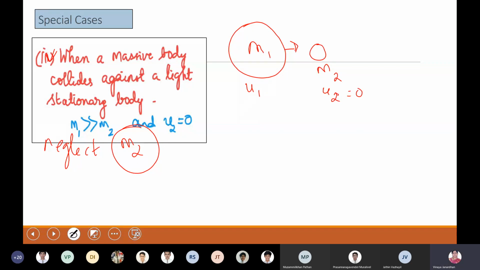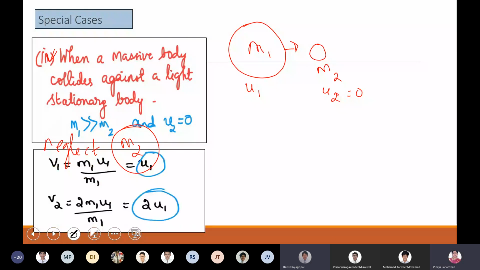Will you be able to find, boss? Yes, ma'am, one second. Ma'am, is B2 equals to U1? V2 is equal to U1? U1. Okay. 2U1, right? Yes. M2 is you're neglecting M2, right?